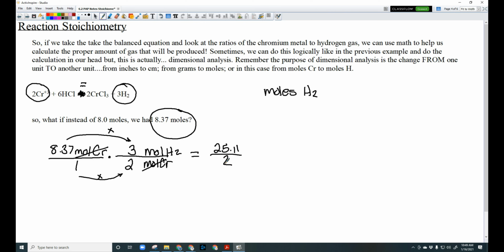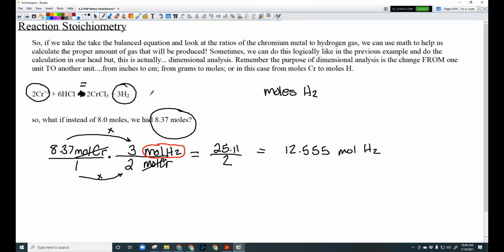So I'm going to divide that by 2, and I'm going to get 12.555 moles of hydrogen, because that is the unit that's left over right here. Moles of hydrogen is the unit that we didn't cross out, so that's our unit for our answer.